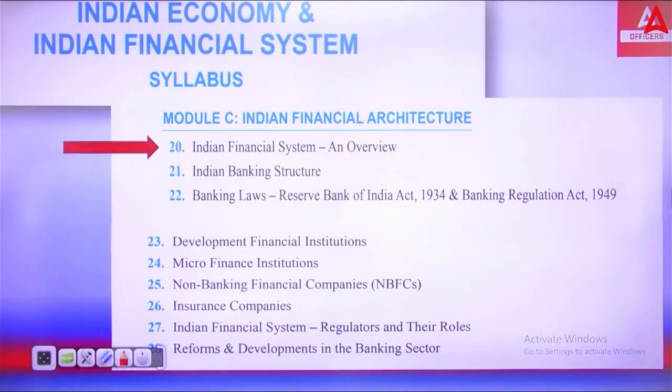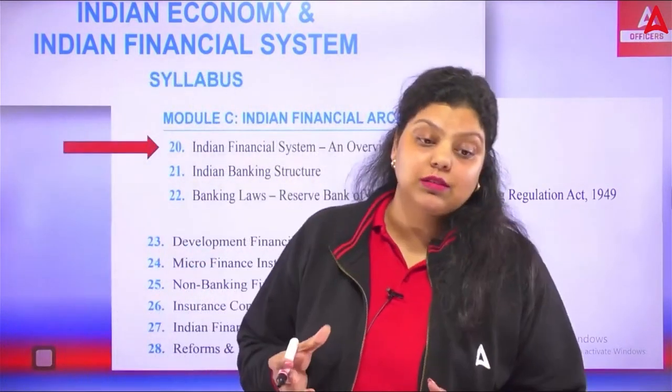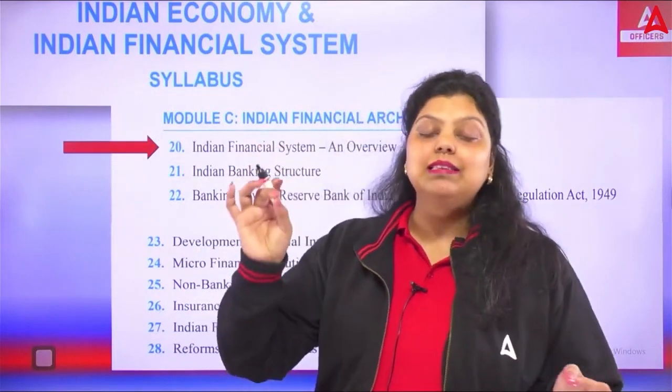Before moving forward, let's discuss what is the Indian financial system. Whenever we talk about a financial system, it's simply a platform, a system where we exchange funds among the people who have surplus money and the people who have a deficit of money.